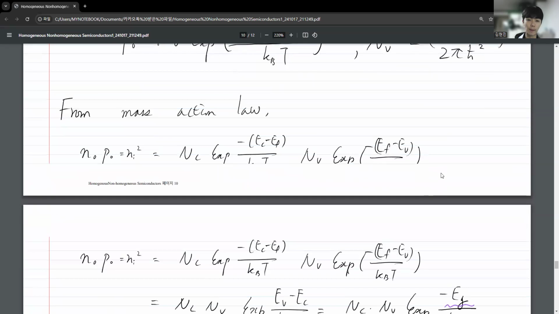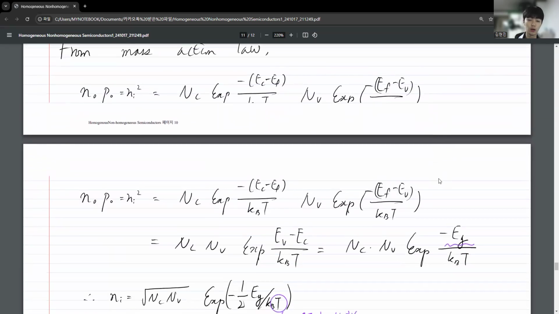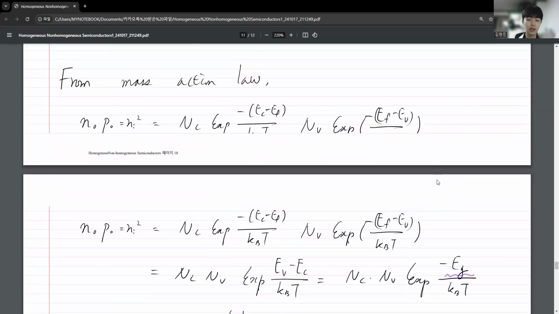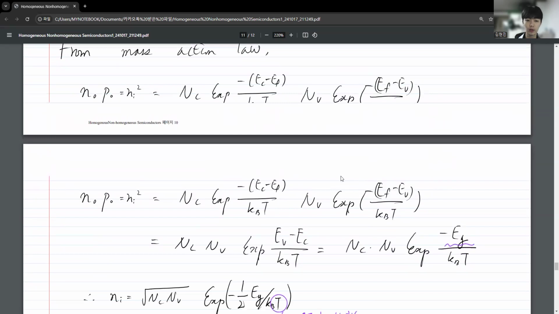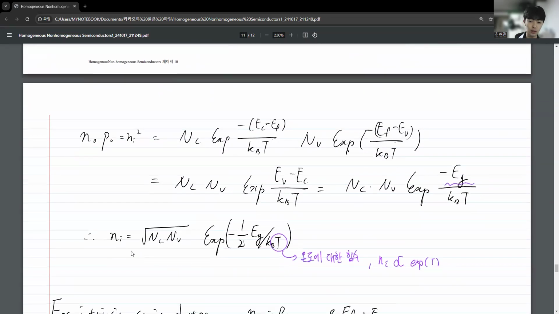From the mass action law, n0 times p0 equals ni squared. So ni squared equals NC times NV times exponential of minus the energy gap over kBT.